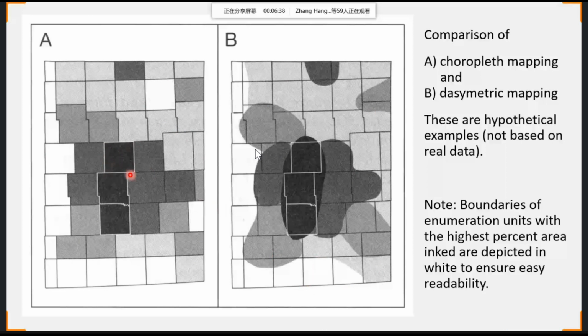And here, you see the enumeration units, but this is more like background information. The boundaries of the data, the different areas with this homogeneous data, are now different from the boundaries of, here's maybe counties.